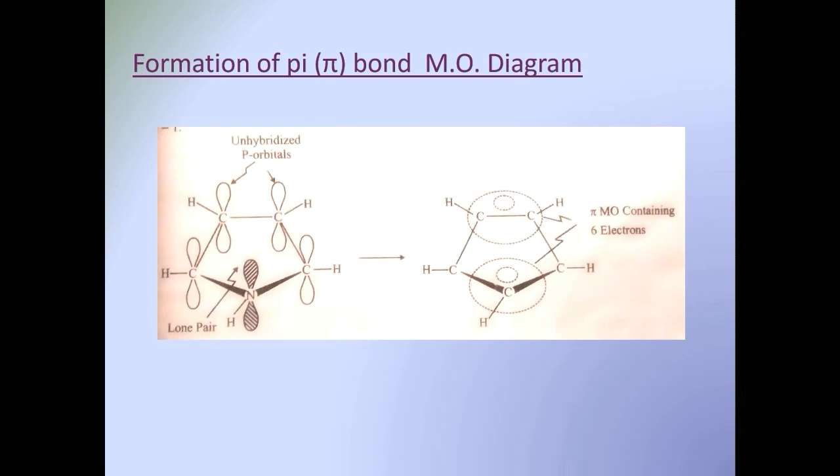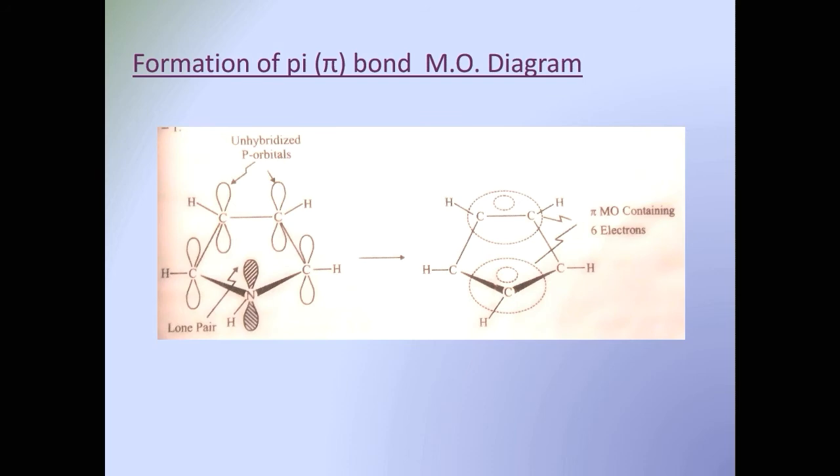Then in the formation of pi bonds, carbon has one unhybridized p orbital which contains a single electron, and nitrogen has an unhybridized p orbital which contains the lone pair. All these p orbitals are perpendicular to the plane of the sigma bonds and parallel to each other.